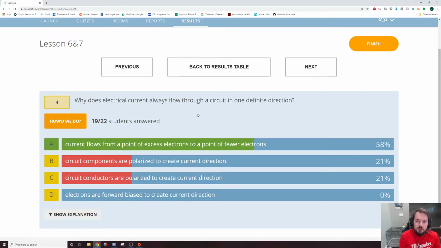Whenever there's a buildup of electrons, that creates it to be more negative. And the electrons will flow from a more negative place into a less negative place. And that is why current is flowing in one direction in DC theory. In AC theory, it's still the same thing, just the spinning of the generator creates the back and forth.